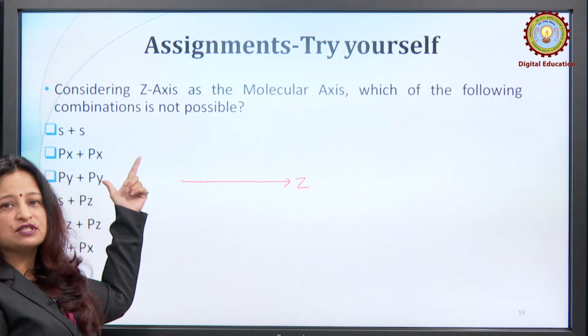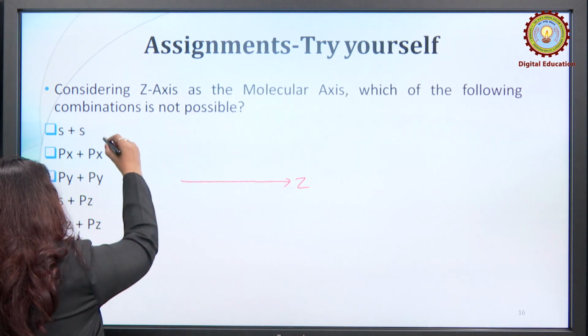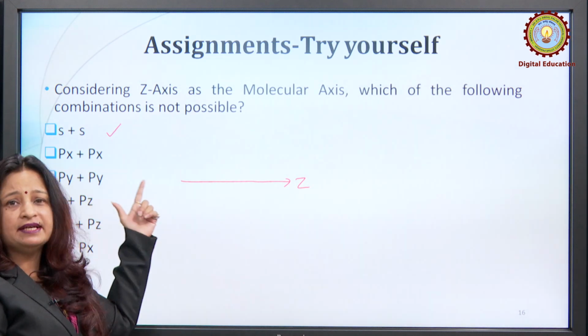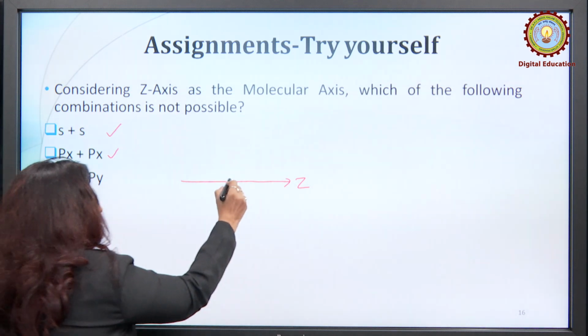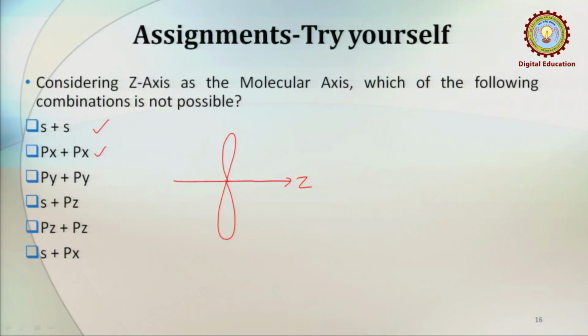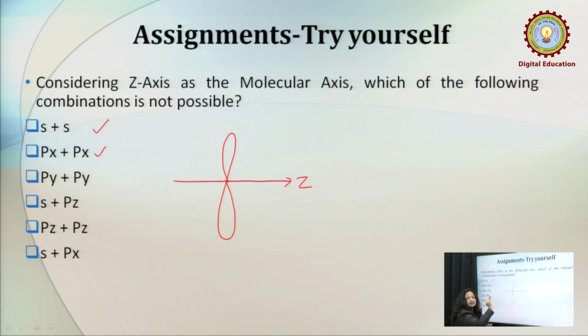So, S and S possible or not possible? Yes, this is possible. Px and Px possible or not possible? Yes, it is possible, because we can consider the overlapping of Px and Px atomic orbitals. Similarly, Py and Py possible or not possible? Yes, it is possible. Why?